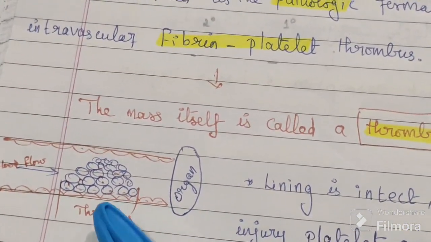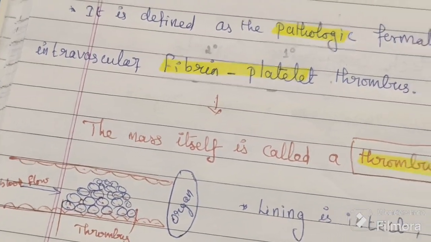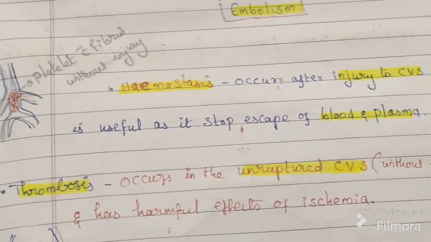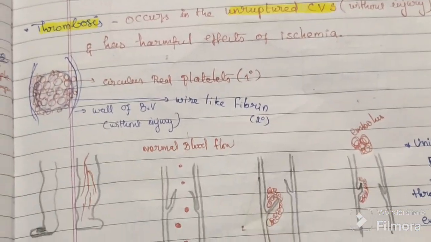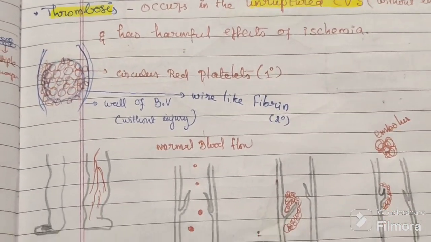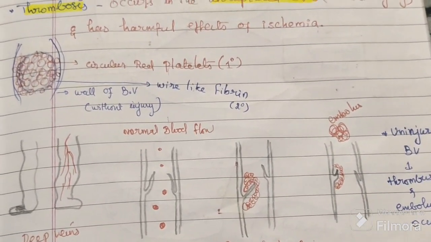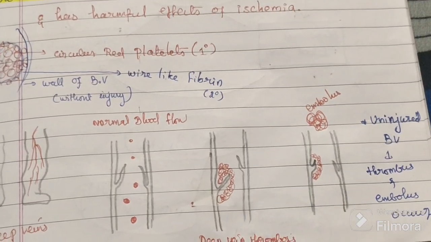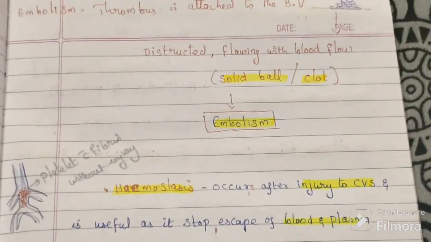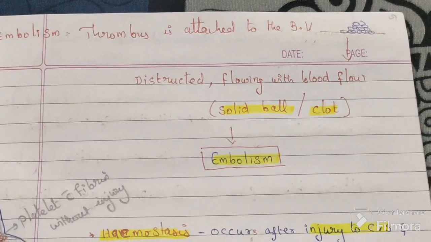See here, it will attach to the blood vessel wall, so this is called a thrombus. But in embolism, this one gets detached, and it is flowing in the blood. The blood flow carries a solid ball or clot. That is called embolism. That process is called embolism.